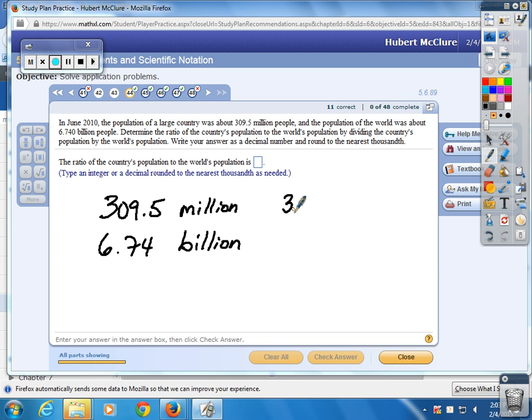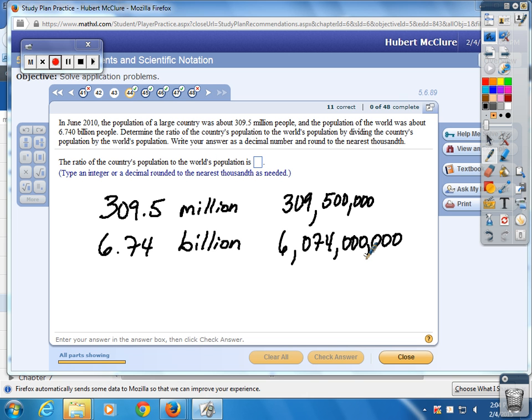Okay, so we're going to write that out. 309,500,000. And then this one is 6 billion, 74 million.